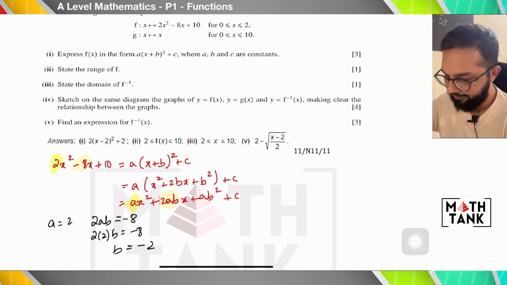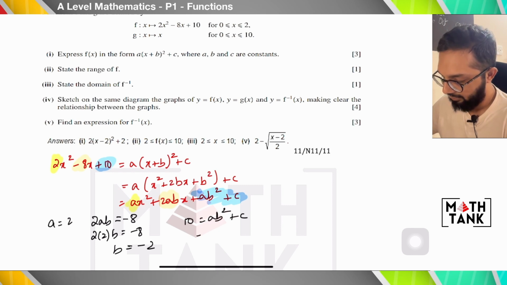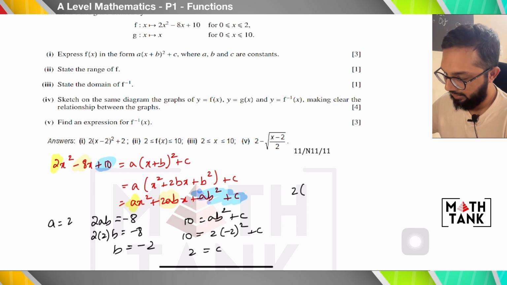And ab squared plus c, so c is also 2. So I get 2(x minus 2) whole squared plus 2.